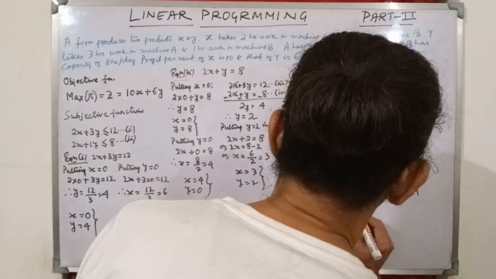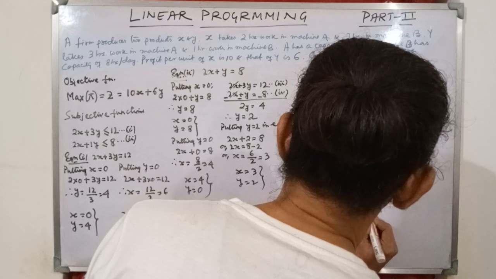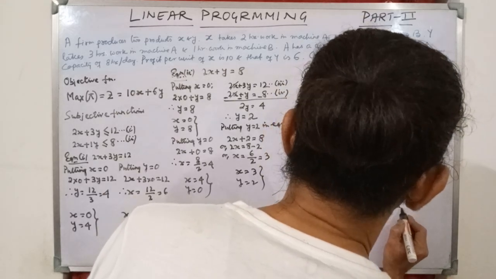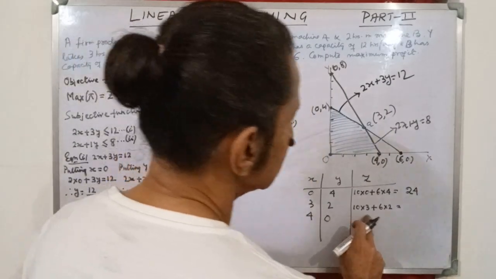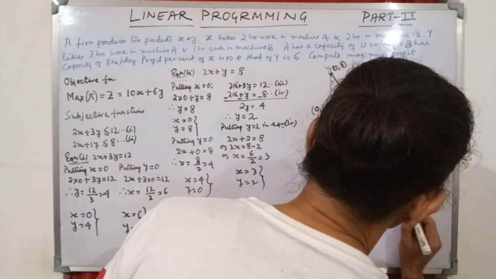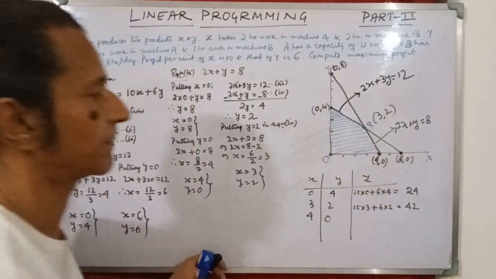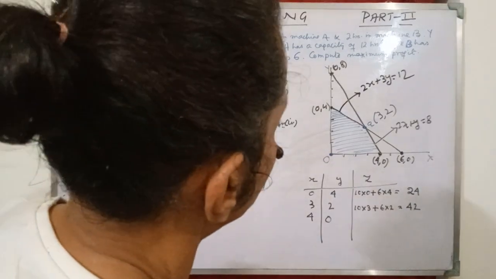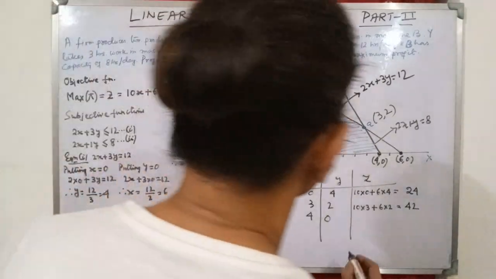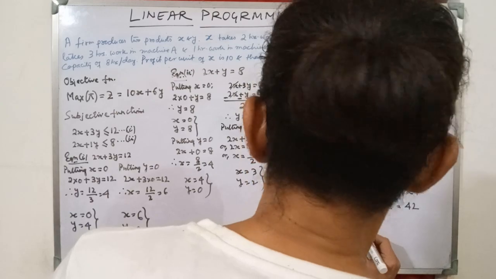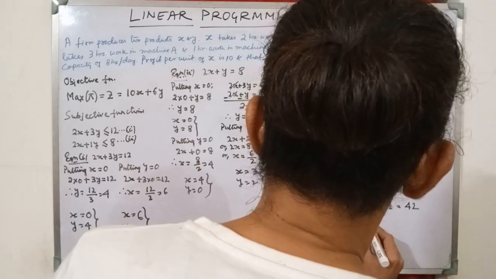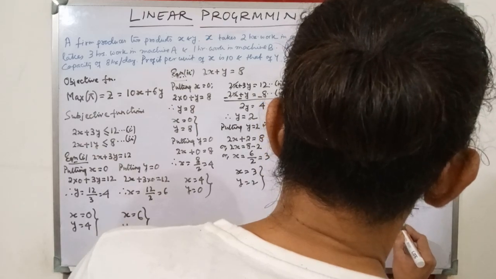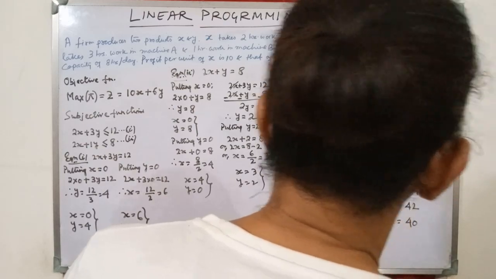Then we get 10 into 3 plus 6 into 2. 3 tens is 30 and plus 12, that is 42. And finally 4, 0. So we get 10 into 4 plus 6 into 0 equals to 40.